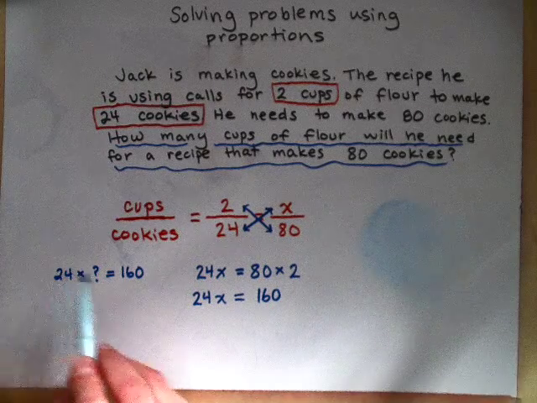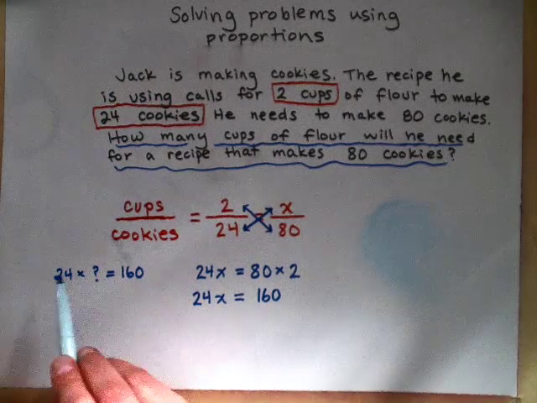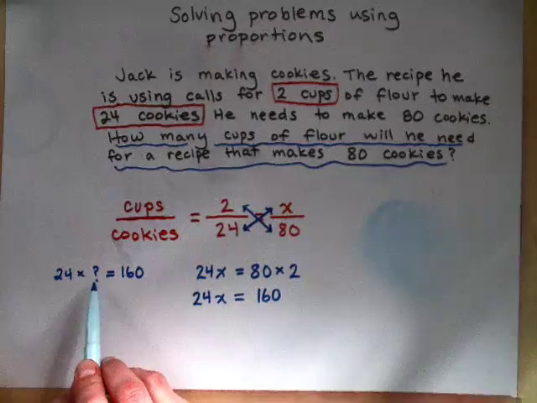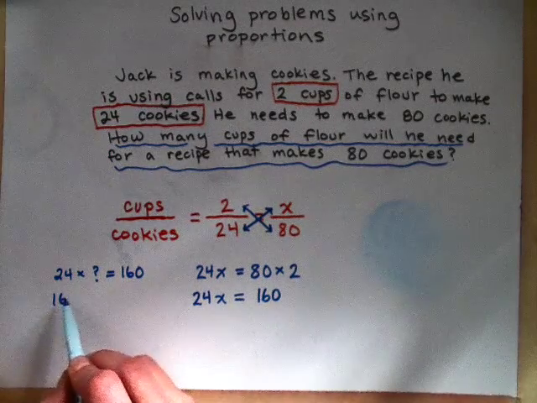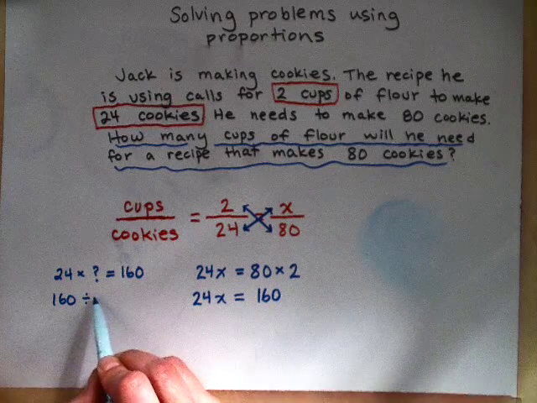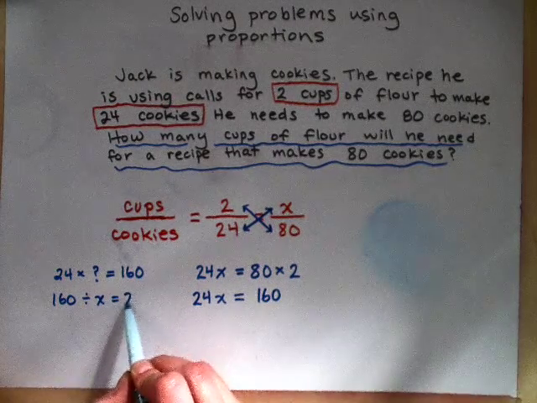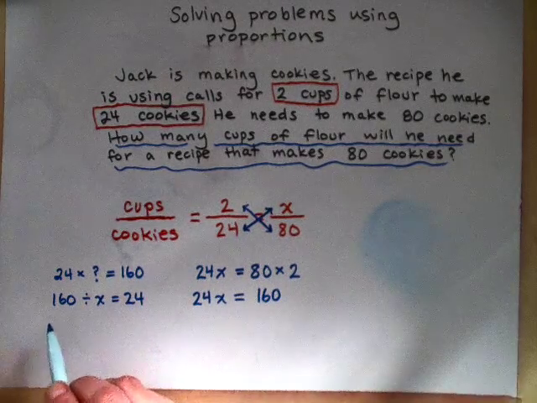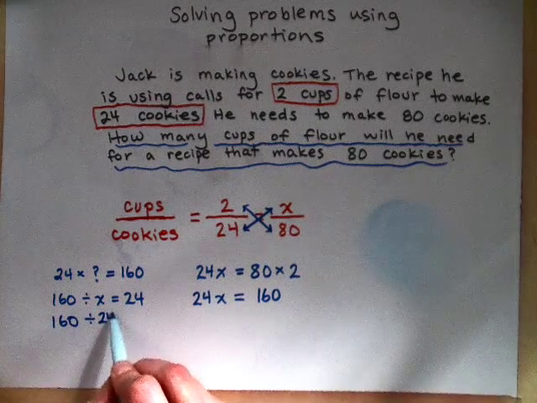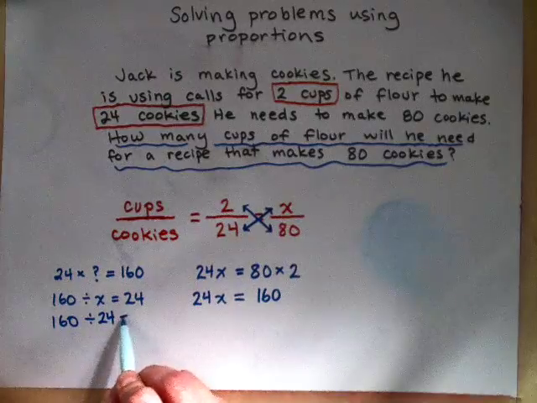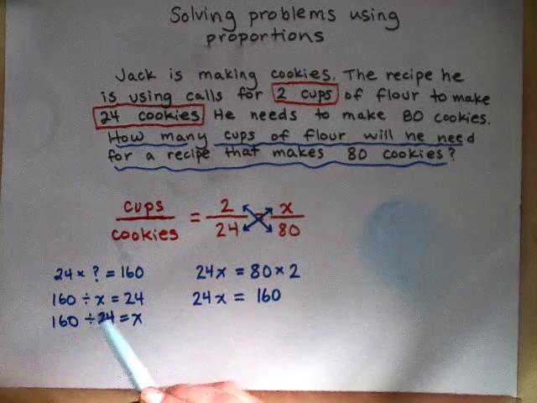So if you think back to fact families, if this times this equals 160, then 160 divided by this equals 24, and 160 divided by 24 equals x.